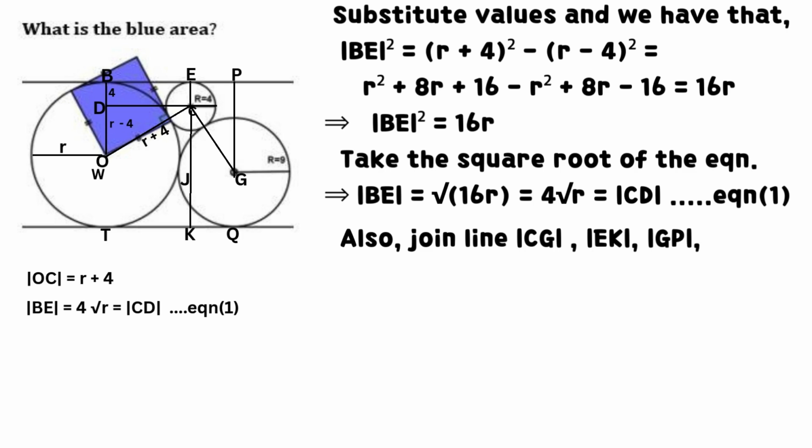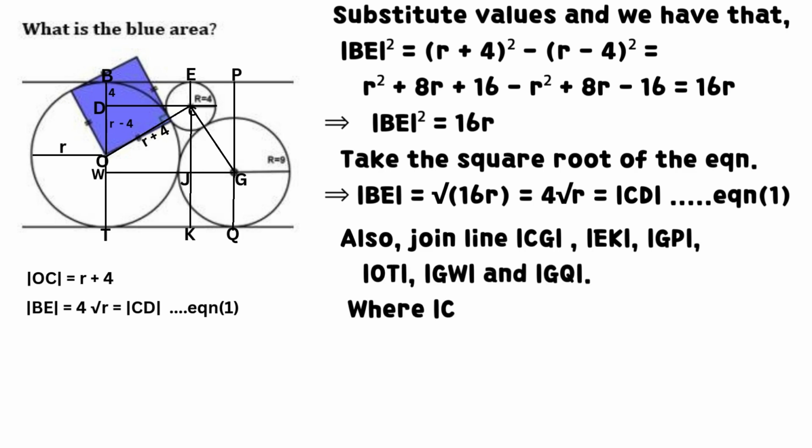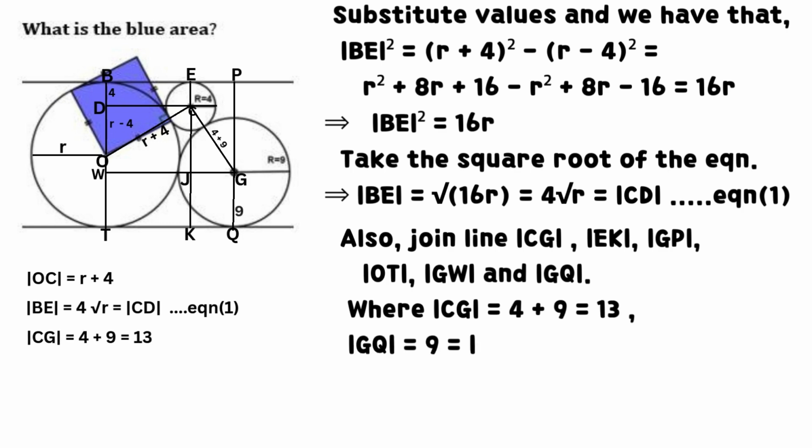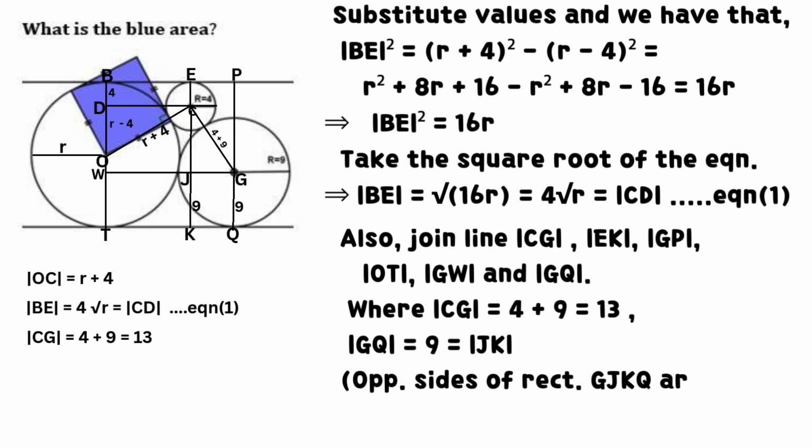Also, join line CG, line EK, line GP, line OT, line GW and line GQ, where line CG equals the sum of 4 and 9, which equals 13. Notice that the length of line GQ equals 9, which equals the length of line JK.